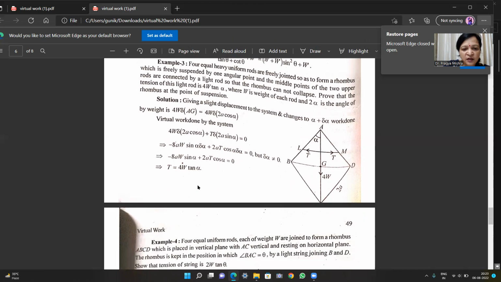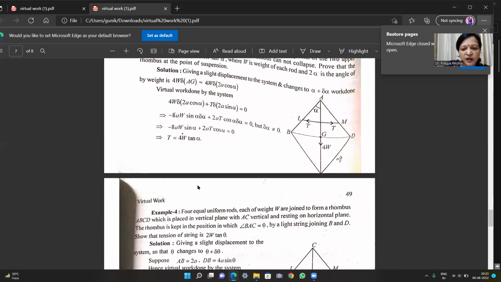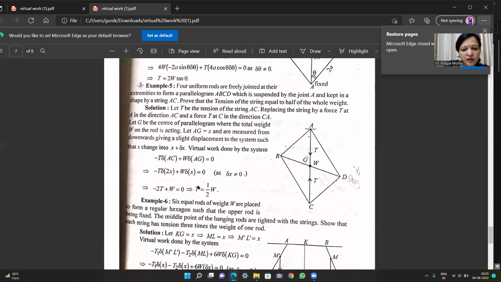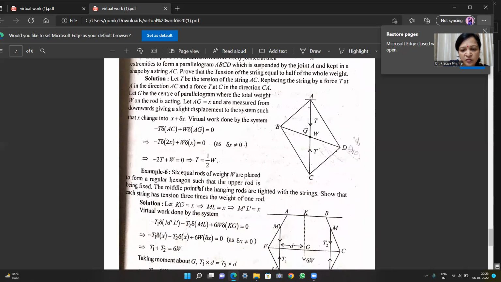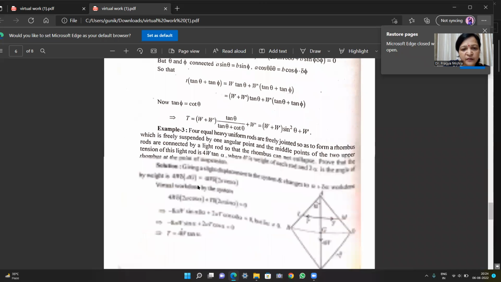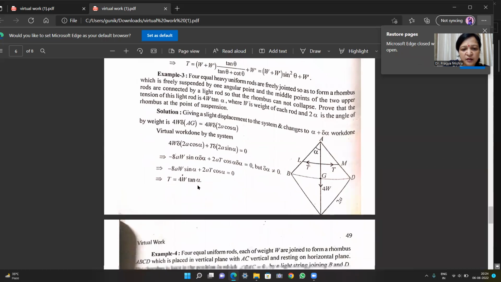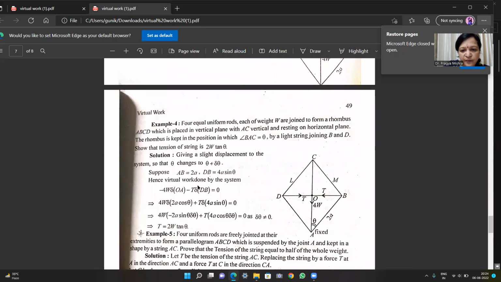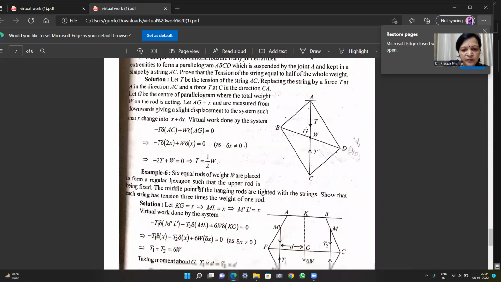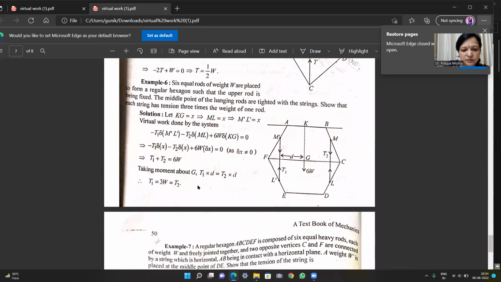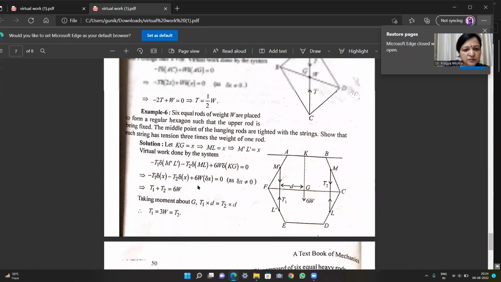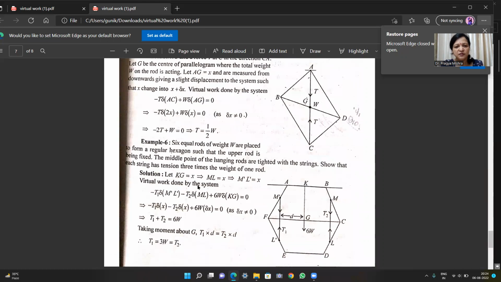So on arranging the terms, we get T equal to 4W tan alpha. In the same way, the fourth and fifth examples are also there. You can try this.